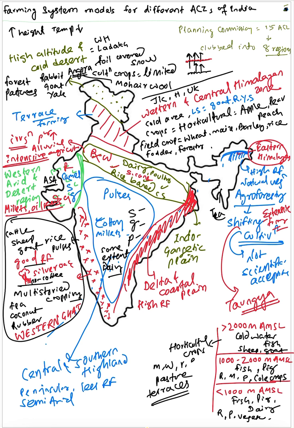So majorly Odisha regions, Andhra Pradesh border, coastal line, and major part of West Bengal. In these areas, the major crop is rice because of high rainfall and low-lying areas. Mostly these delta and coastal plains are low-lying areas, and because of this, waterlogging condition is there. Hence, the major crop is rice.